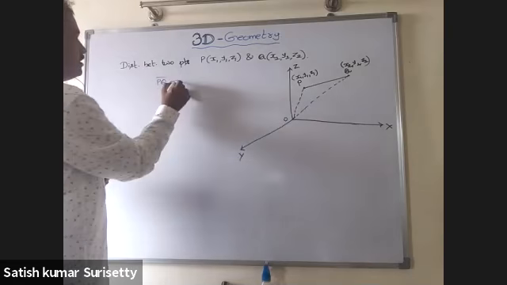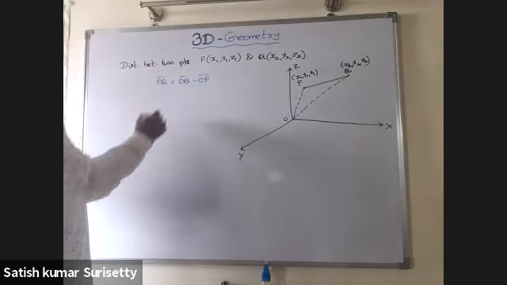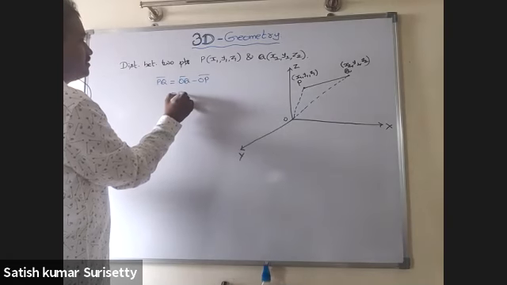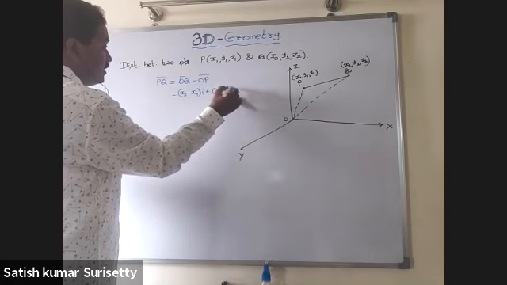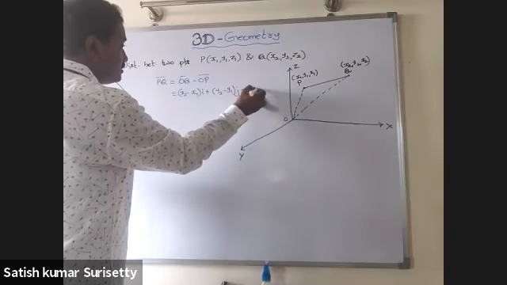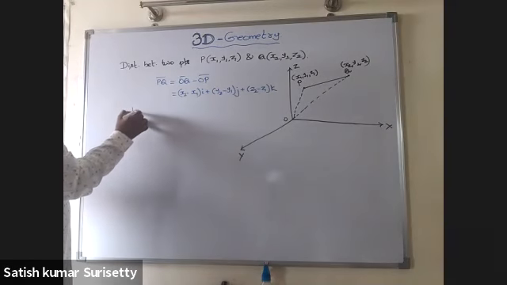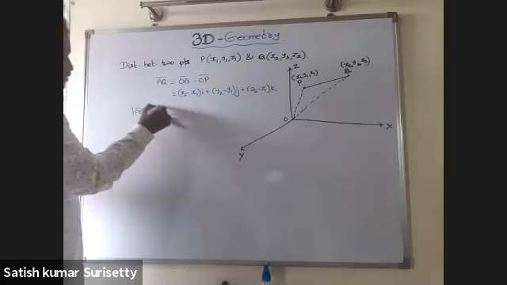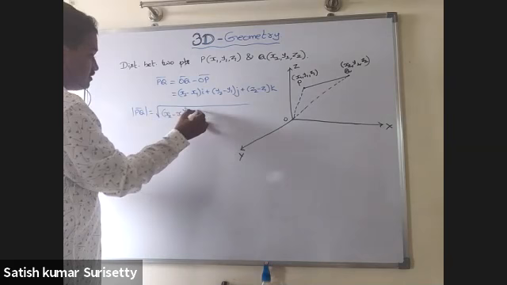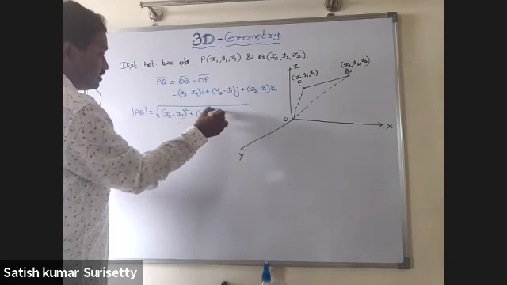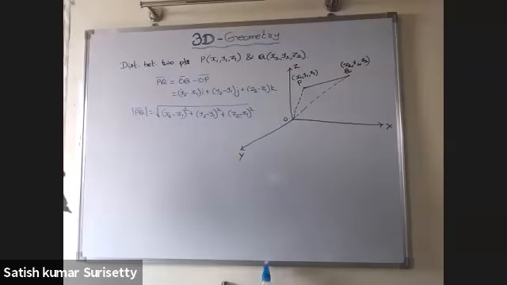PQ bar equal to OQ bar minus OP bar, that is x2 minus x1 into i plus y2 minus y1 into j plus z2 minus z1 into k. So modulus of PQ bar equal to root of x2 minus x1 whole square plus y2 minus y1 whole square plus z2 minus z1 whole square.